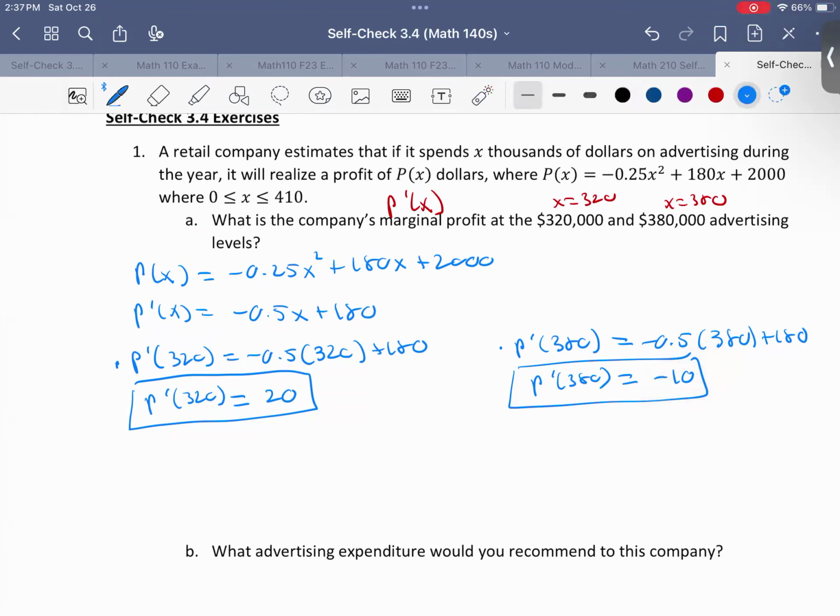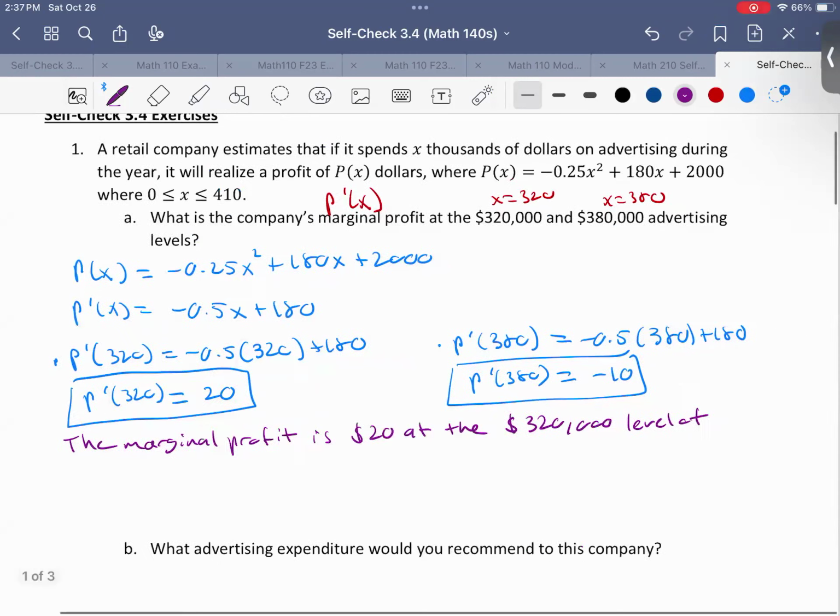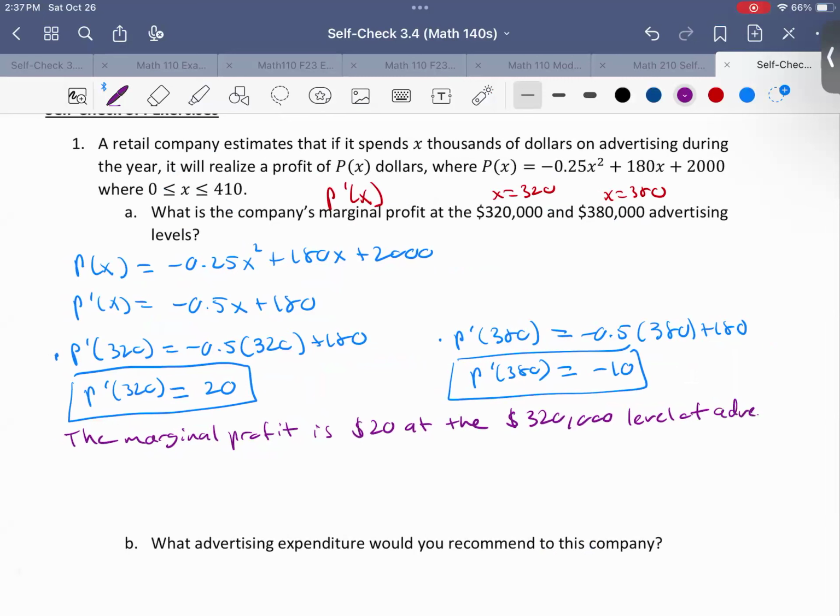So let's put all this into words to see exactly what we're talking about. So the marginal profit is $20 at the $320,000 level of advertising, and negative $10.